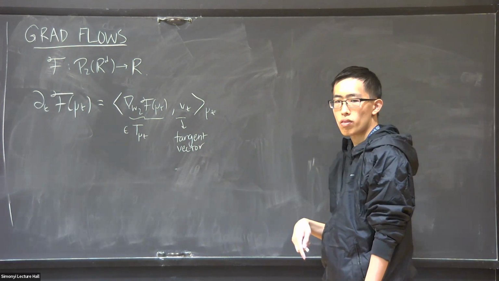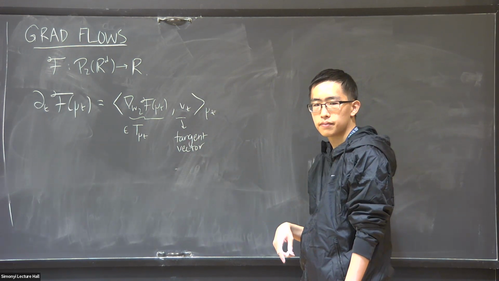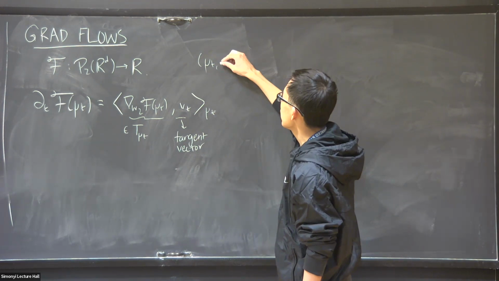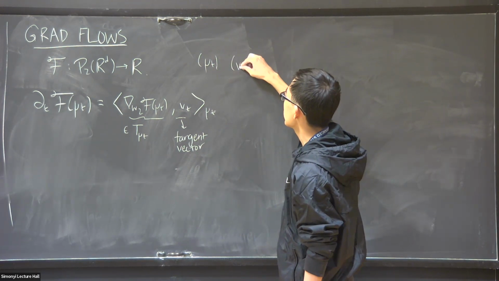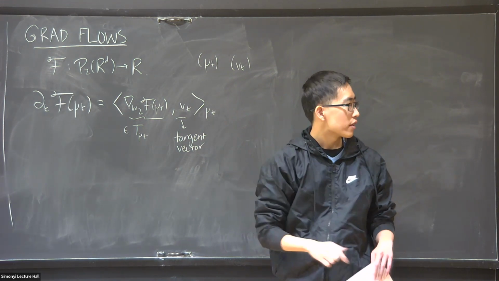So for any curve mu t, I know that associated with it is the tangent vector Vt. That was what I argued over there.